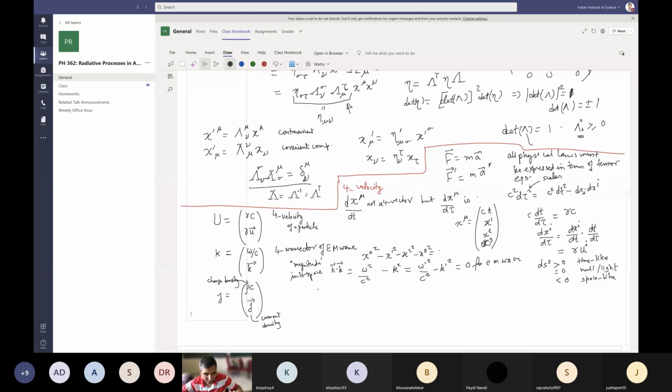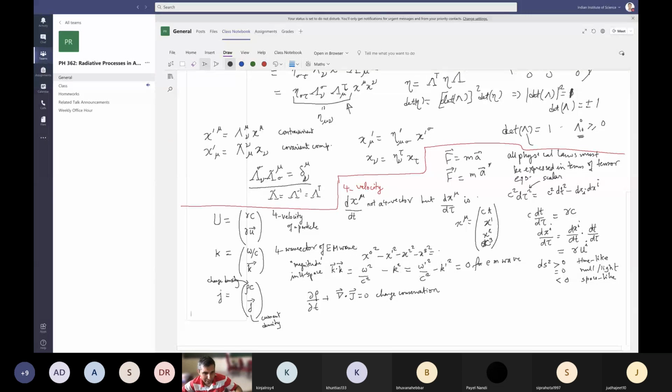So for example, charge conservation: we know that dou rho/dou t plus del dot j is equal to 0, right? This is the charge conservation. This is a scalar equation, because rho is a scalar, so dou rho/dou t is a scalar.